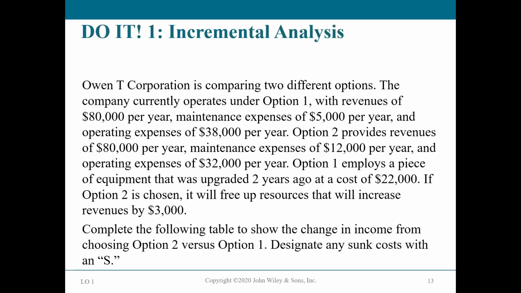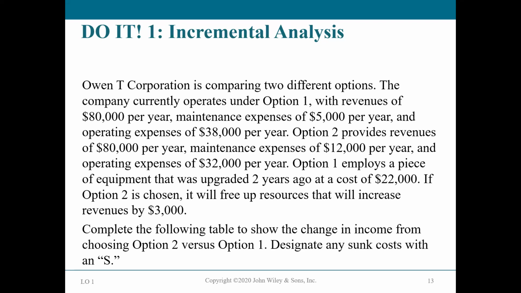So we're going to look at a situation about this company, ONT Corporation, and they have two different operations here. The company currently operates under option 1, revenues of 80,000, maintenance of 5, operating expenses of 38. Option 2 provides revenues of 80, maintenance expenses of 12, operating expenses of 32.